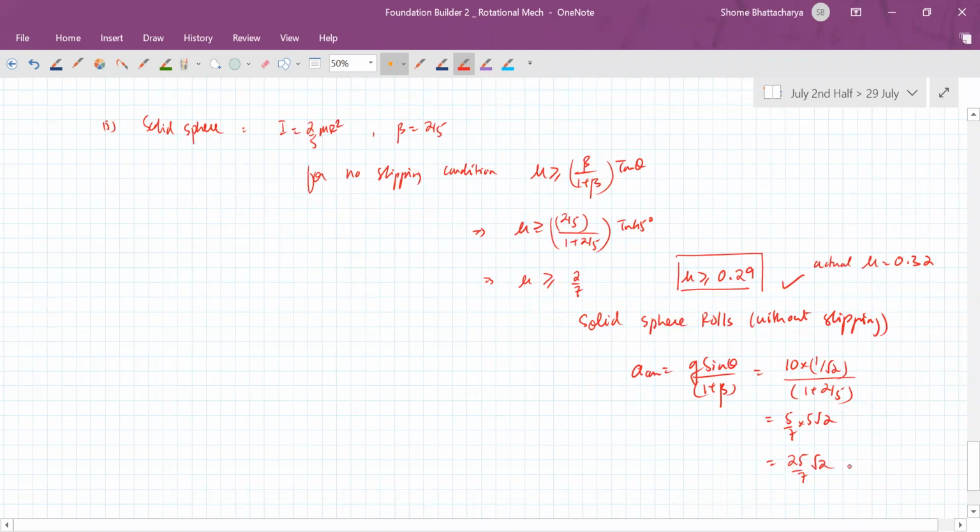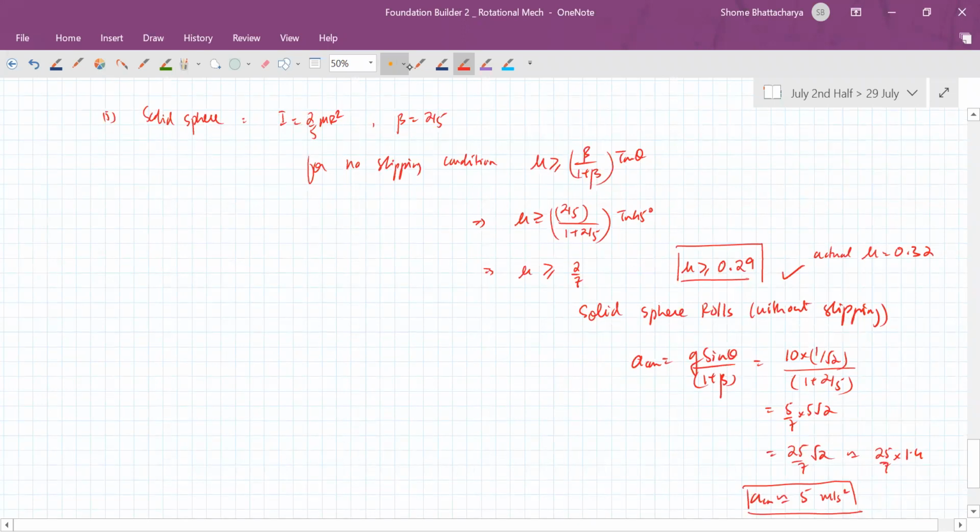Now root 2 we can take as approximately 1.4. So 25 into 0.2, nearly 5 meters per second square, the acceleration of the center of mass.